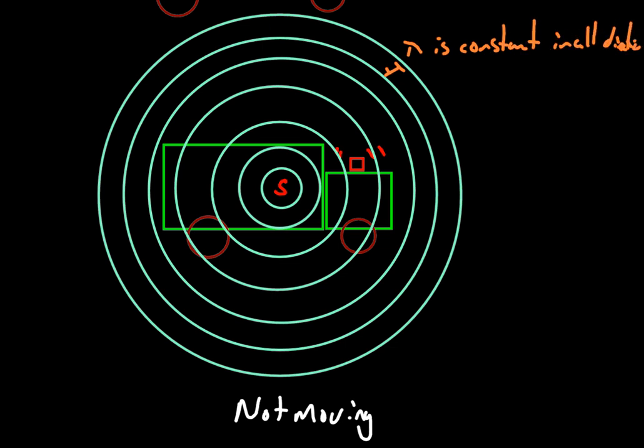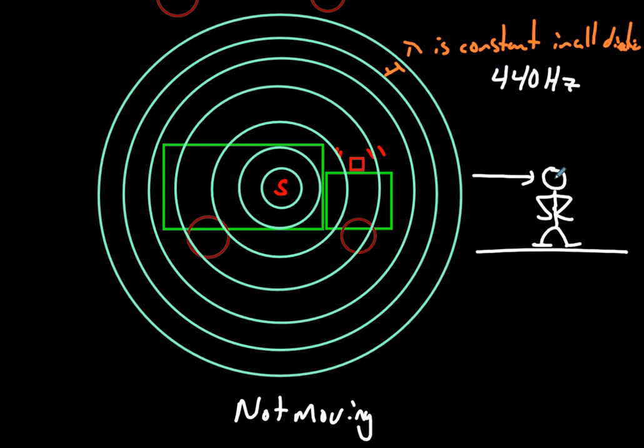So what that means is if you are listening to this ambulance that's sitting still, it's not moving, you're standing over here somewhere in front of it. These waves are going to move towards you, and you're going to hear the frequency, let's say it's, I don't know, 440 hertz, exactly at 440 hertz.